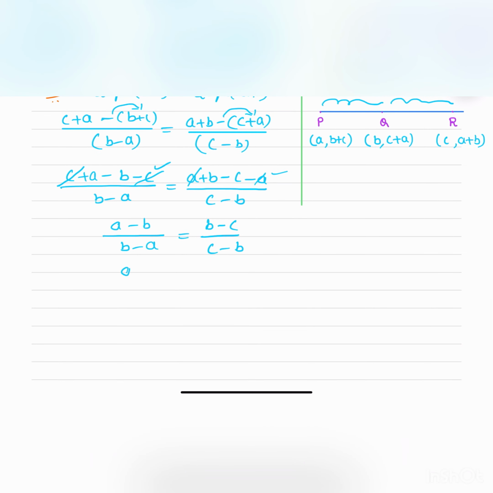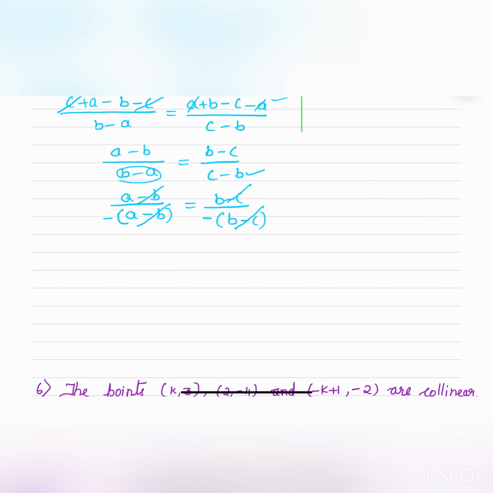Now, we can take out minus as common, and we get plus (a - b) inside the bracket, and in the numerator we can take minus as common, then plus (b - c) inside the bracket. a minus b and a minus b cancel, b minus c and b minus c cancel, and we are left with -1 is equal to -1. Now, the given points P, Q and R are collinear, since LHS is equal to RHS.